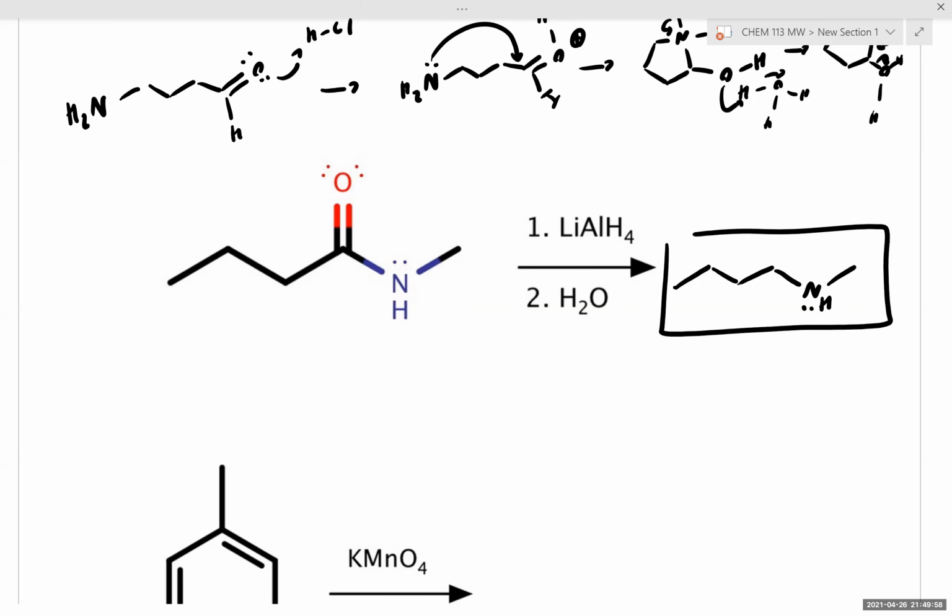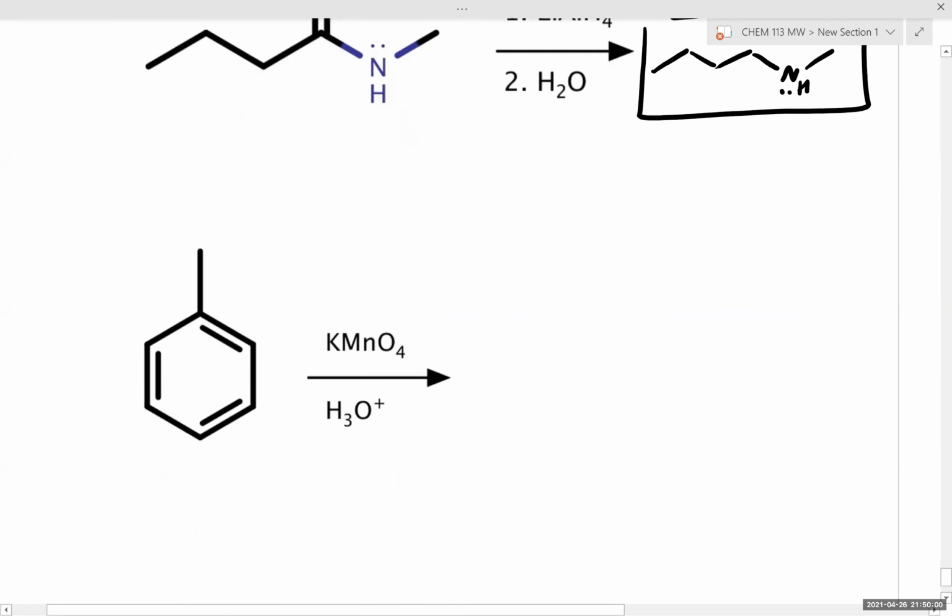Okay, let's look at an oxidative process. If we treat a benzylic position with potassium permanganate and H3O+, what happens to this benzylic position? We convert it from a typical alkyl group into what functionality if it's primary?